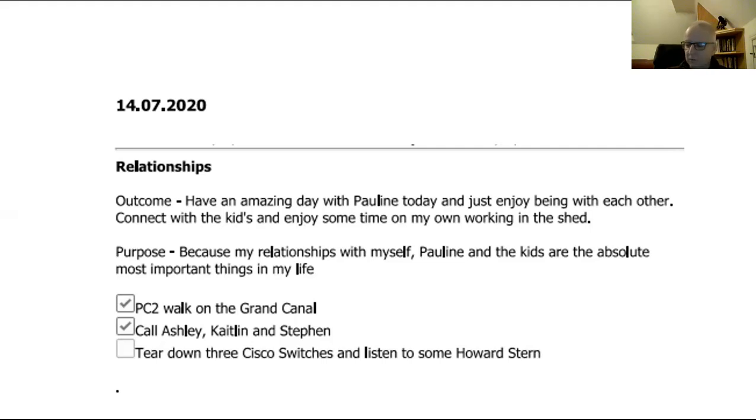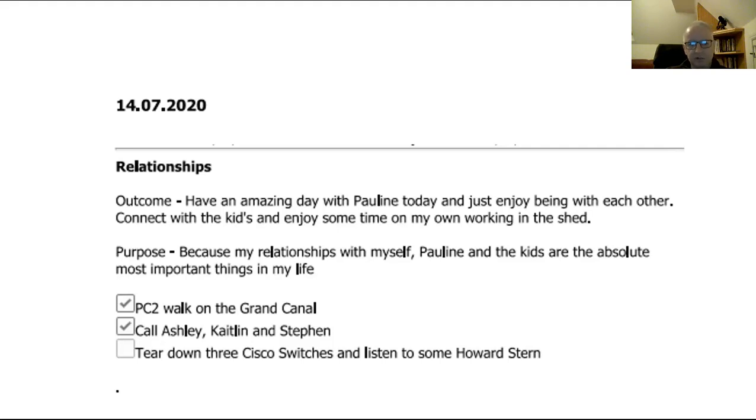But the first thing I'll do is, and this whole thing, by the way, I've been doing it for so long, it takes me literally a few minutes to do every day. I'll think about my relationships, the first key area. I'll ask myself for that specific day, what do I want to achieve with my relationships that day?